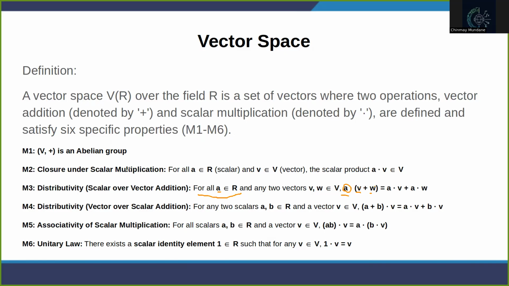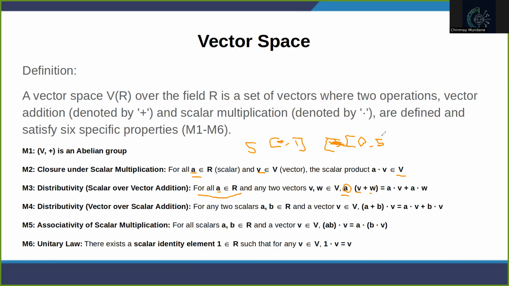Closure under scalar multiplication: for all A belonging to R, A is nothing but a scalar constant value, and V belonging to V, which is a vector. The scalar product should also belong to the vector space V, because let's say there is a vector 0 comma 1 and you multiply this by 5, then it becomes 0 comma 5, because 0 into 5 is 0, and 5 into 1 is 5.